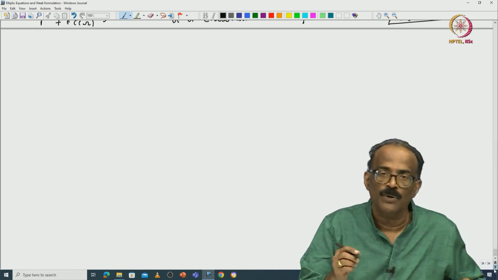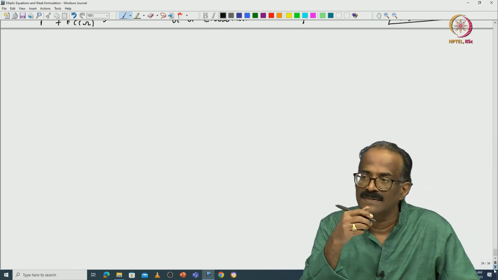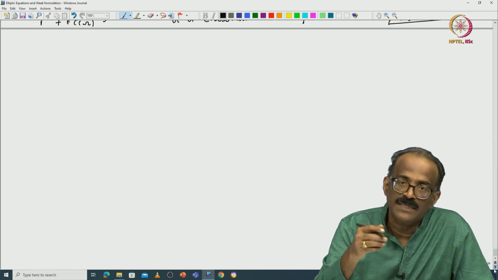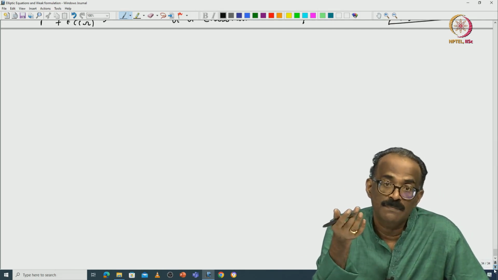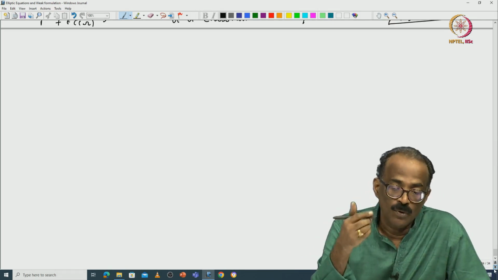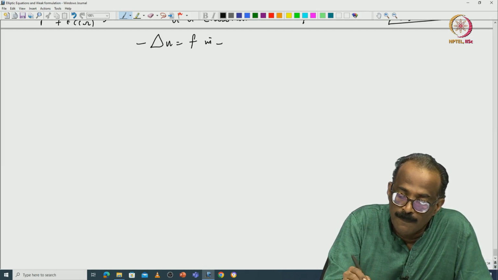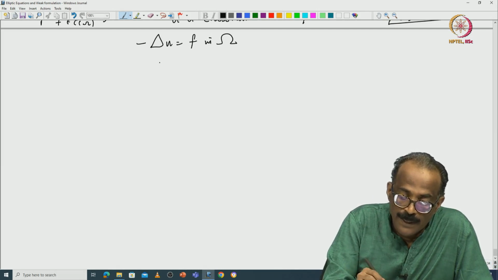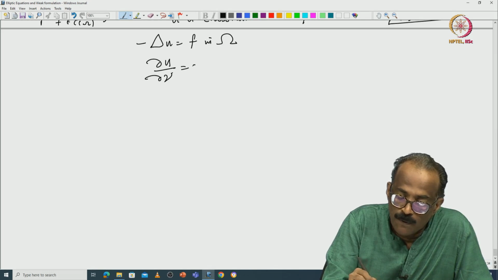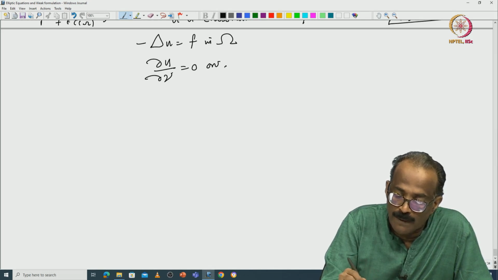So, what I am going to do in the next class, we consider this equation without the first order term. Okay. We will do the case with minus Laplacian of u equal to f in omega and du by d nu equal to 0 on d omega.